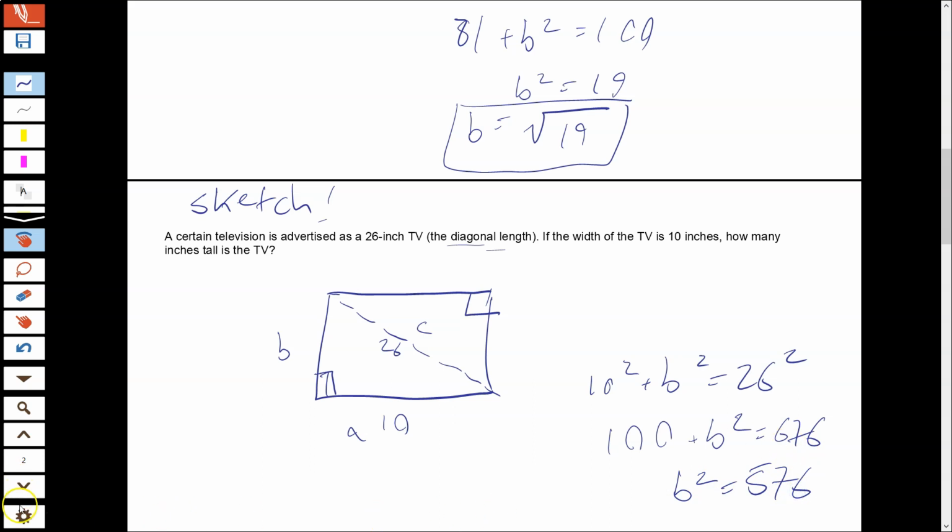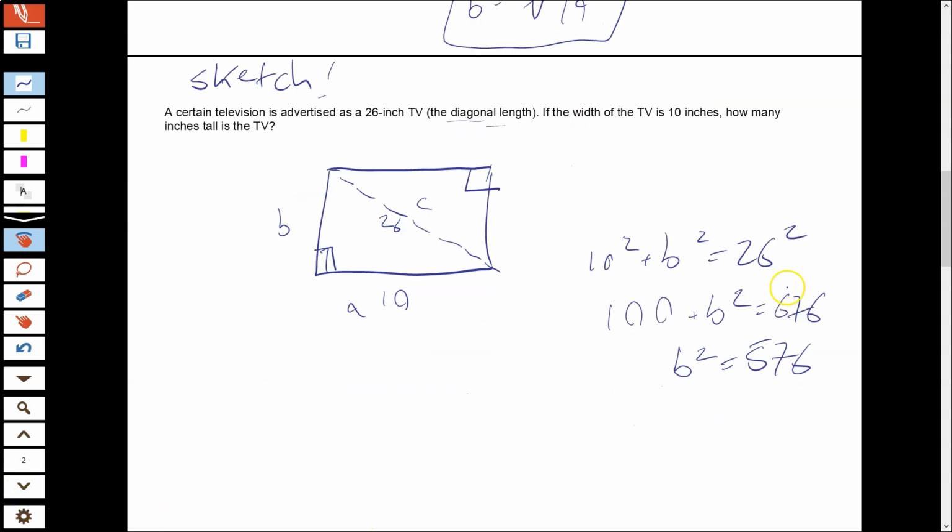And then I'm going to square root both sides. And in this case, my B is equal to 24 inches. Now, I'm imagining a 10-inch by 24-inch TV and thinking that is not quite how a TV is shaped. But you can be the judge of that for yourself. One more time, I'm going to say it again because it's important. The key to these word problems: you get them right every time if you draw them and think carefully about what you're drawing.